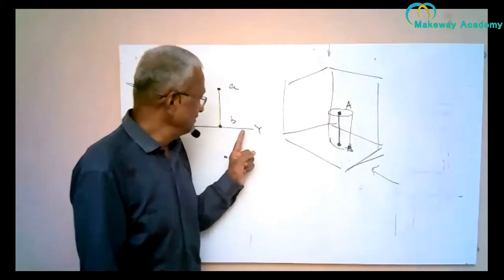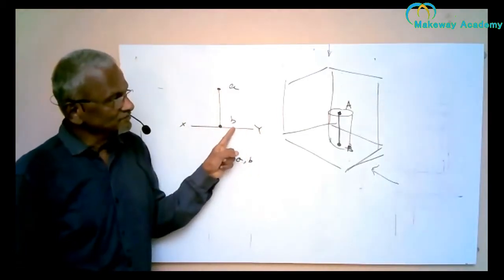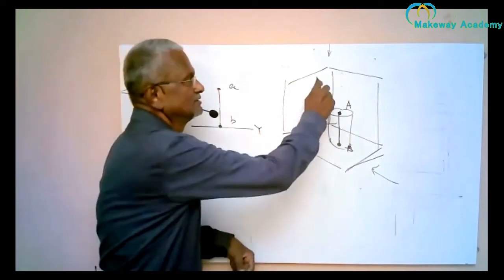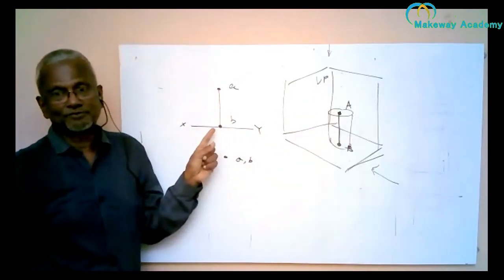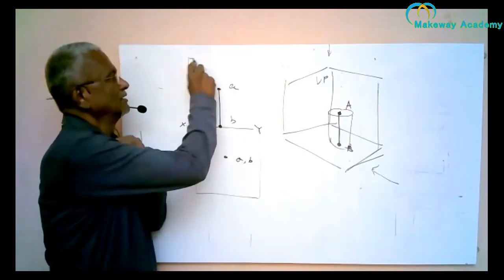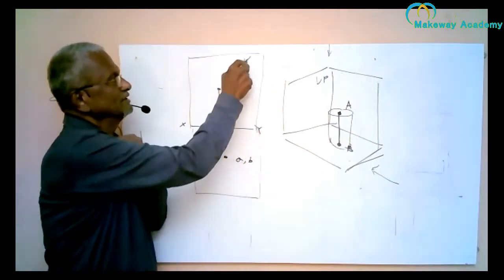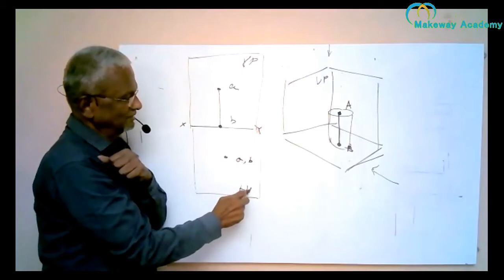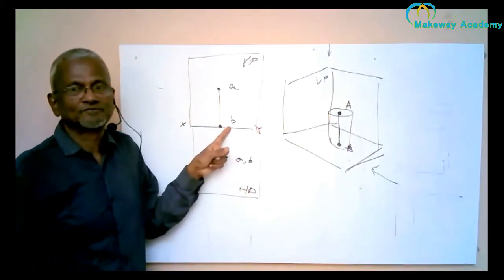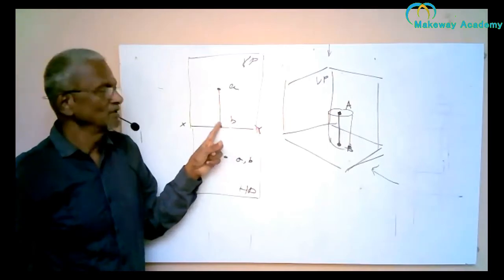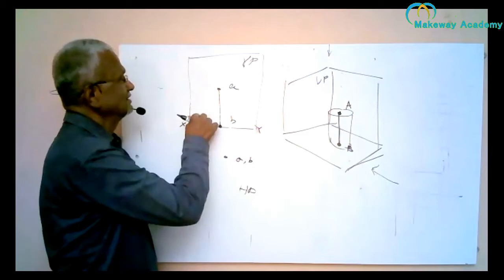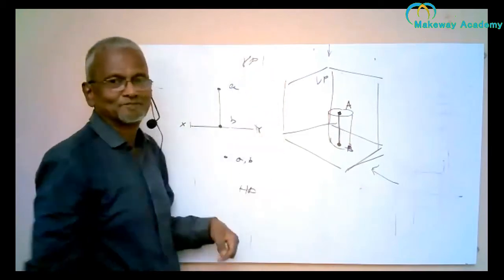This line represents the horizontal plane in the front view, and the vertical plane in the top view. So this is the vertical plane, this is the horizontal plane. This line represents both vertical as well as horizontal, so I call this the reference line. I draw only that line and I don't draw the planes.